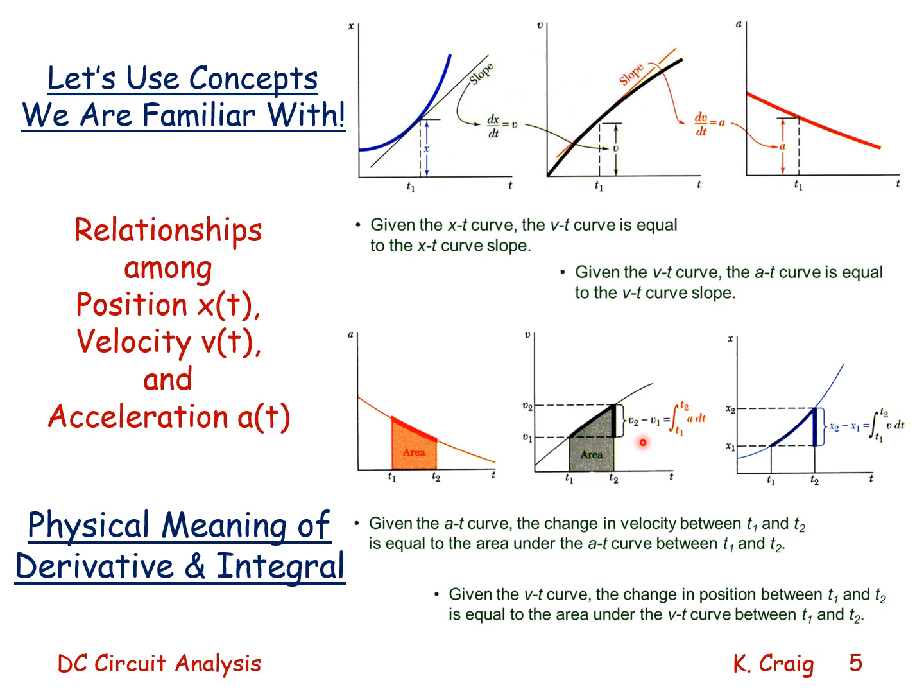Similarly, the area under the velocity versus time curve between times t1 and t2 is equal to the change in position of that rigid body between times t1 and t2, or x2 minus x1.